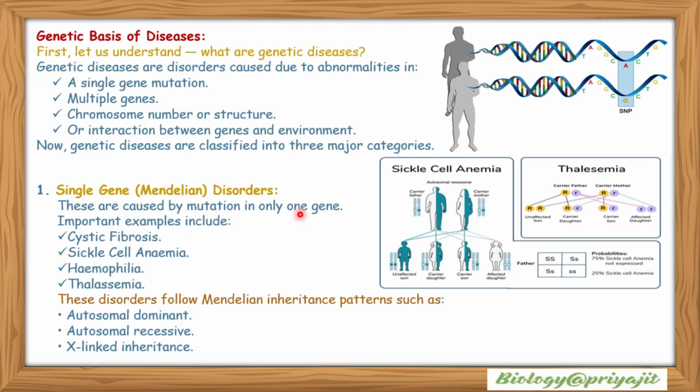They are caused by mutation in only a single gene. Important examples include sickle cell anemia, cystic fibrosis, hemophilia, thalassemia, etc. These disorders follow Mendelian inheritance patterns such as autosomal dominant, autosomal recessive, and X-linked inheritance.